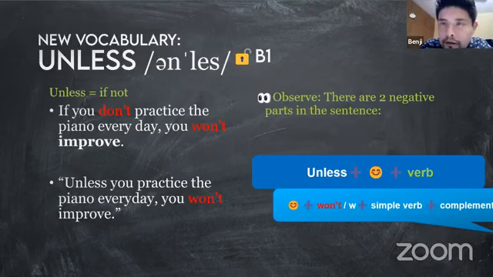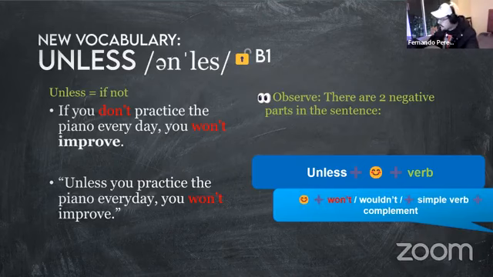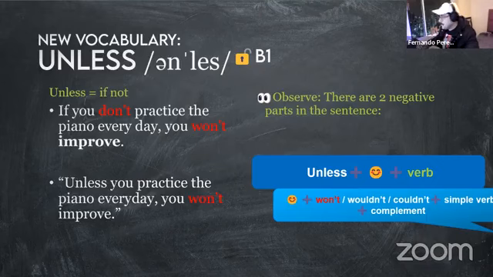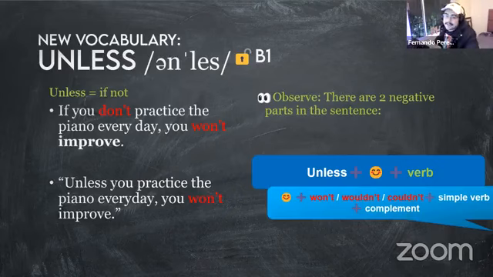Wouldn't. Exactly, so you can use wouldn't, you can use couldn't. So it really depends, similar to yesterday's class, it depends on you. You select the context. You take the decision if it's present or past, if it's imaginary or not.